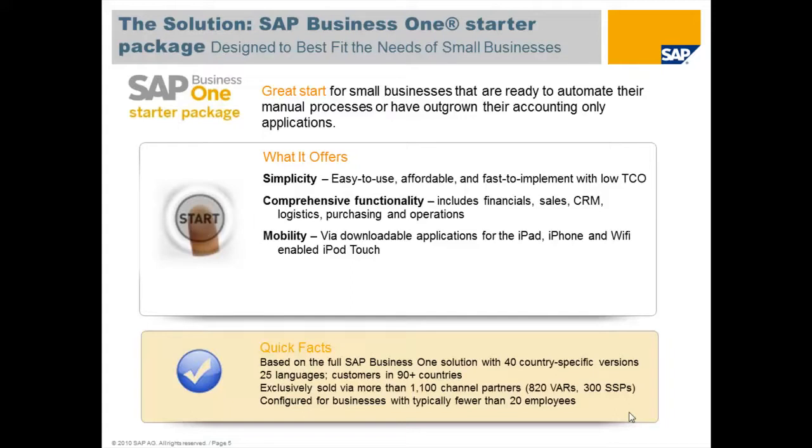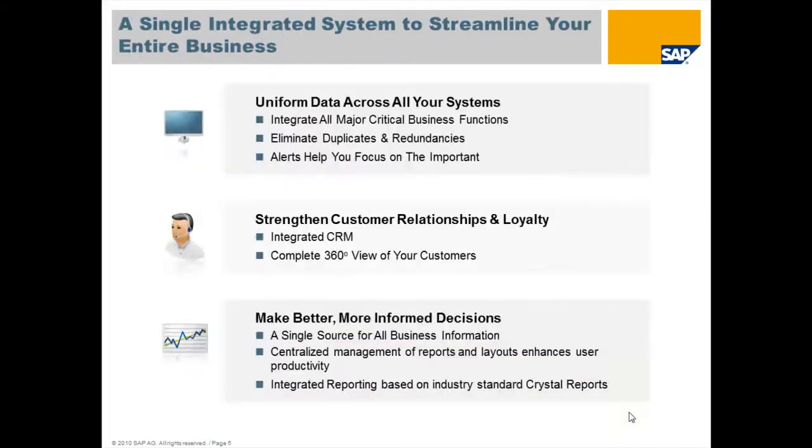The software is sold exclusively via our channel partners, and of those there are more than 1,100 around the world selling both SAP Business One solutions as well as complementary solutions, and that's what we call our software solution partners, or SSPs, that build those complementary solutions that work together with SAP Business One. The Starter Package is configured specifically to meet the needs of businesses with typically fewer than 20 employees.